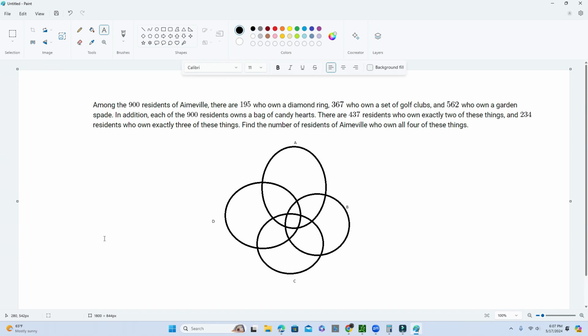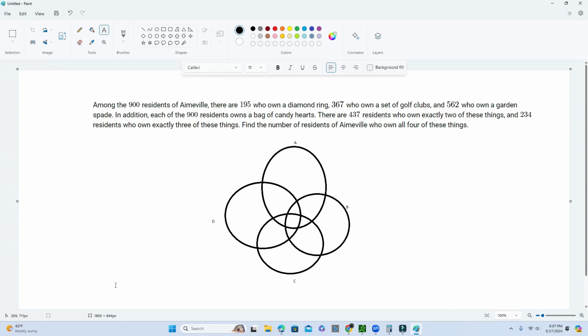Okay, so now that we have that laid out, we can start to compute the values. The formula for finding the overlaps in a Venn diagram is quite simple.